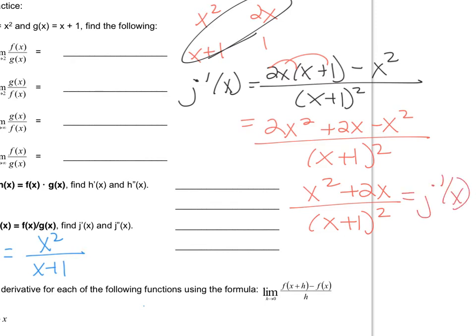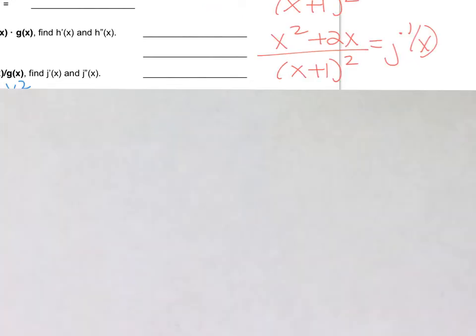So now to get the second derivative, we have to do that all over again. I need to get myself some space. So for the second derivative, we have high and low, and derivative of each.